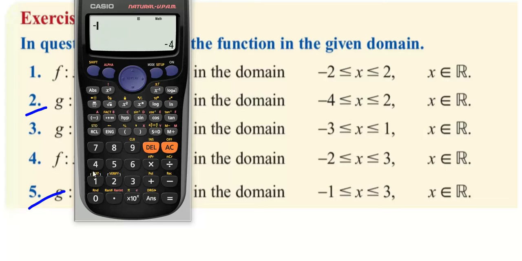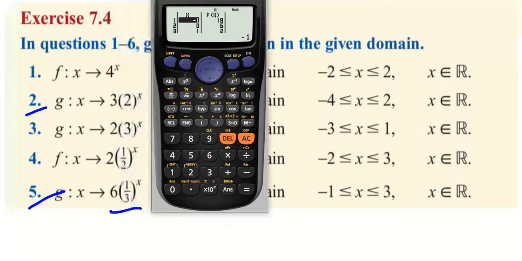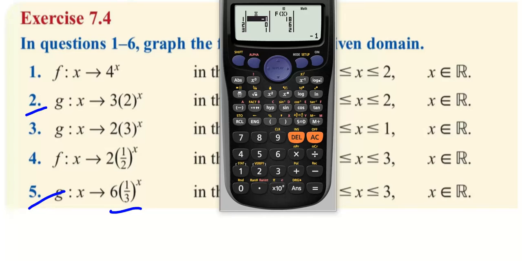So we start at -1, we end at 3, step of 1, and you can see here are my points. Okay, so 6 by 1/3 to the power of x.